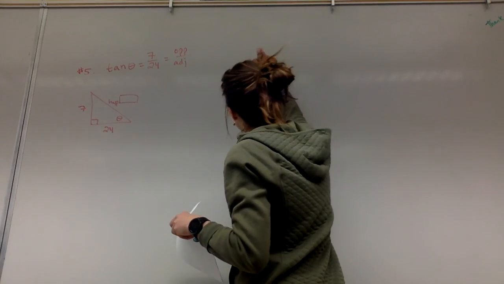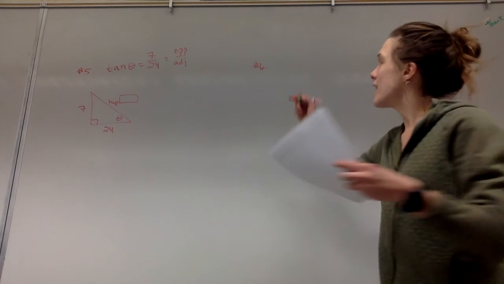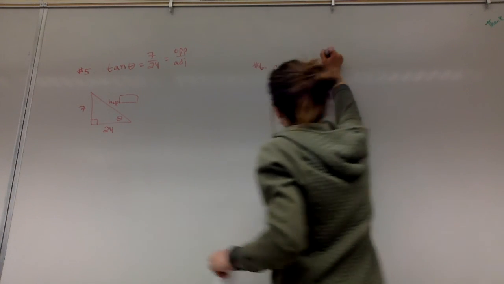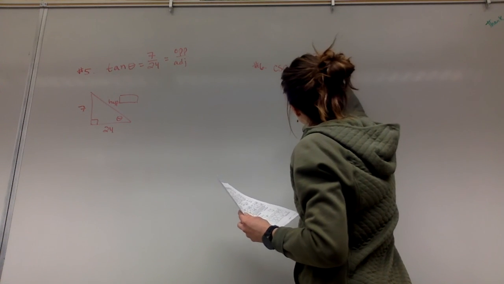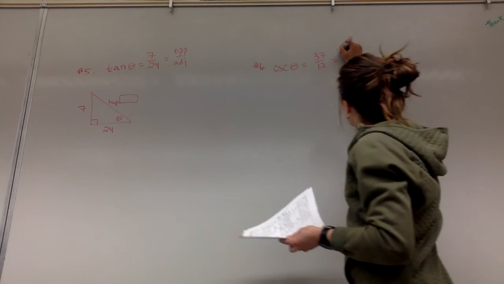I just want to set you up for this. Cosecant of theta is 37 over 12, which is equal to hypotenuse over opposite.